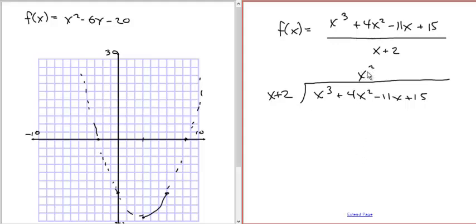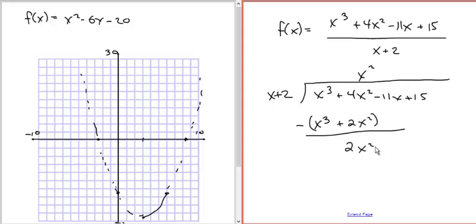And then I multiply it out. So x squared times x is x cubed. x squared times 2 is 2x squared. Then I put the negative sign here and put parentheses around the whole thing to remind me so I don't mess this up, which people still do because they don't listen to me. These cancel out and go to 0. That's the whole idea. And then you have 4x squared minus 2x squared. So that's 4 minus 2 is 2.